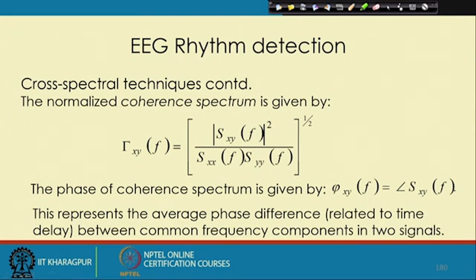However, this phase part has found less application in use. So, we will primarily concentrate on the normalized coherence spectra or the cross spectra of the signals.